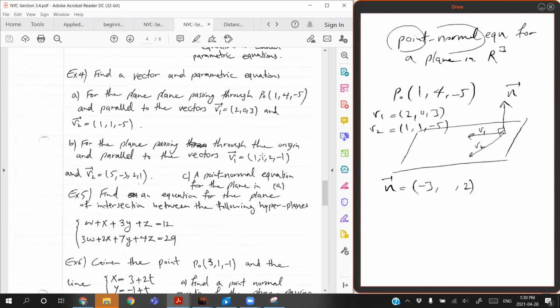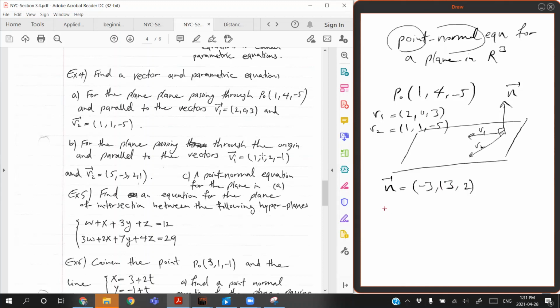Now, in order to make it orthogonal also to v2, we have to pick this middle component so that it becomes orthogonal. Now, let's see. If I multiply -3 and 1, we get -3. Multiply 2 and -5, we get -10. So -10 and -3, that's -13. So if I put 13 here, that will do the work.